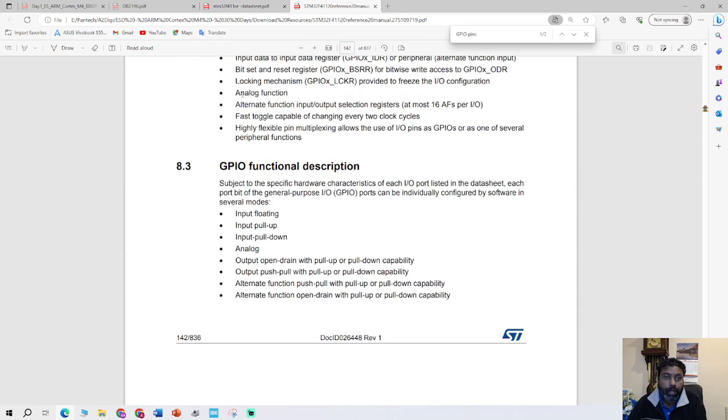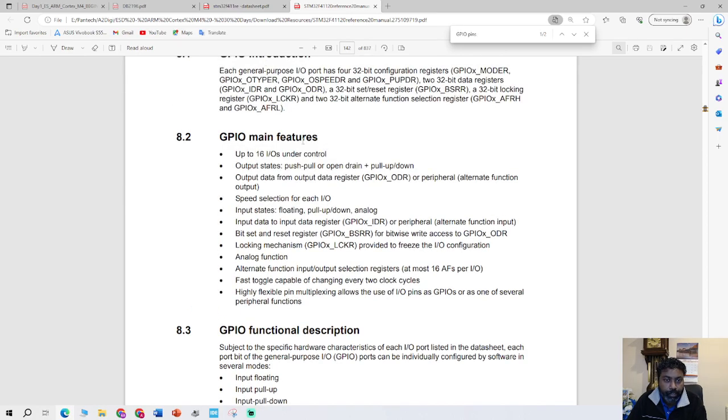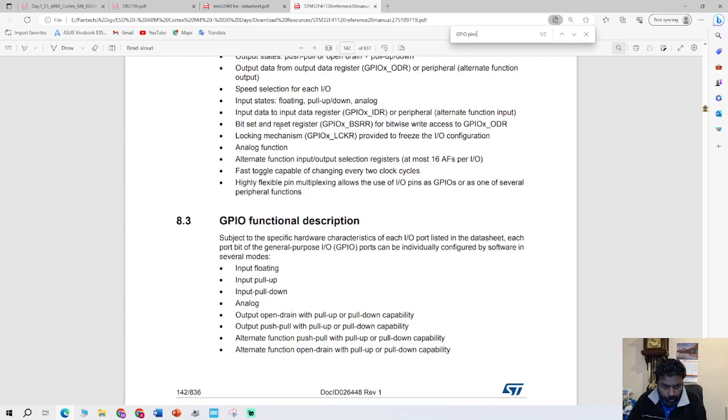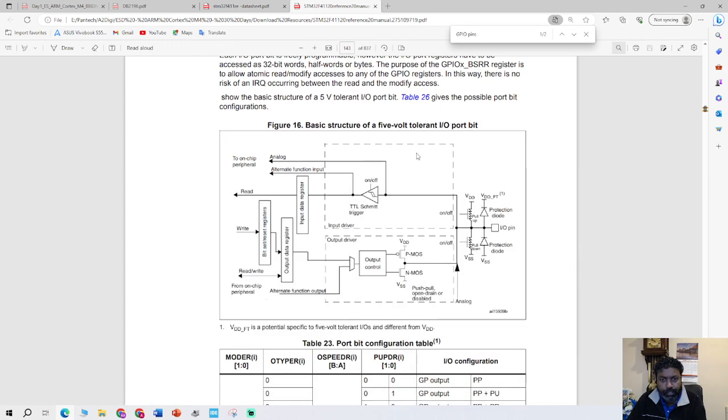So again, I would advise you to download this data sheet and go through the GPIOs starting from page 142 downwards, up to I think 160. This is the diagram where it shows how the input driver is connected and how the output driver is connected. At any time the Schmitt trigger TTL logic always comes into play.